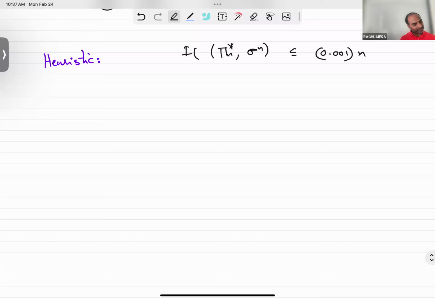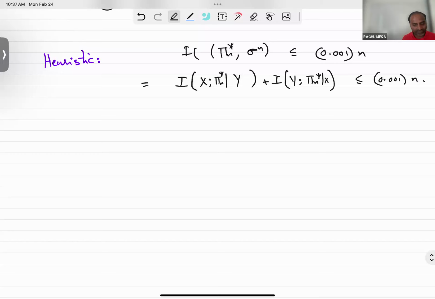Let me see if I ever expanded that out. I guess no, but it's okay. Okay. So this is the mutual information between x and y conditioned on pi and star plus, oops, sorry, the other way around. Okay, this is what we have. And this is just the definition of the information cost, and then we have some upper bound that we assume.